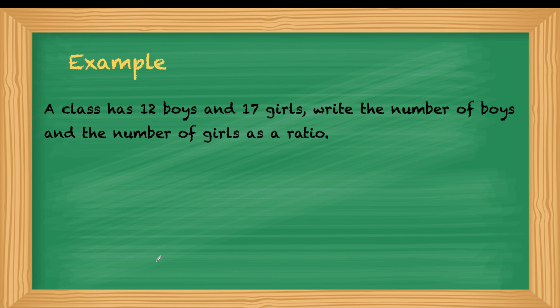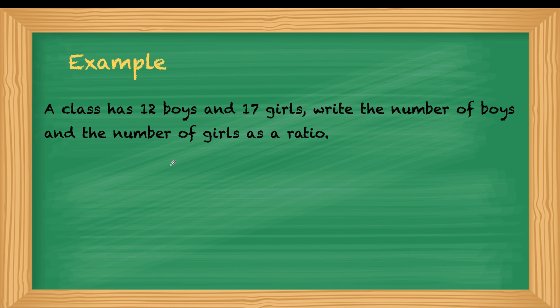All right, we have another one. It says a class has 12 boys and 17 girls. Write the ratio of boys to girls. All right. So we're writing the number of boys to girls.